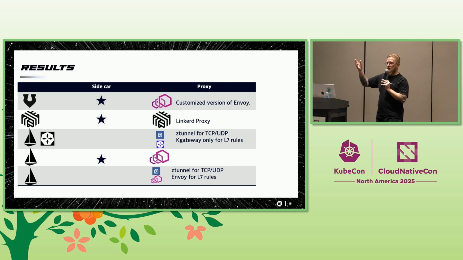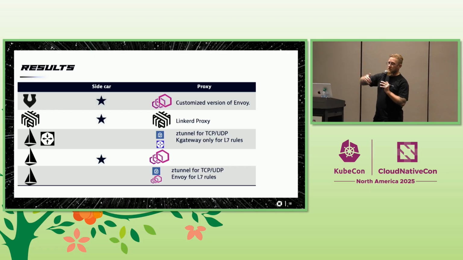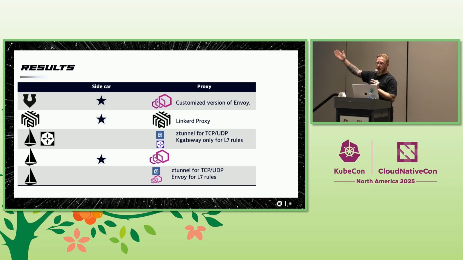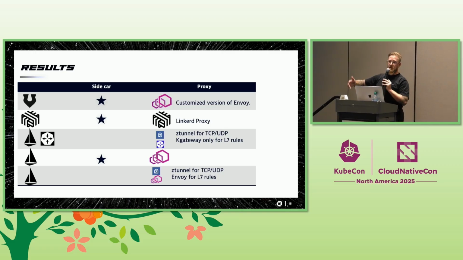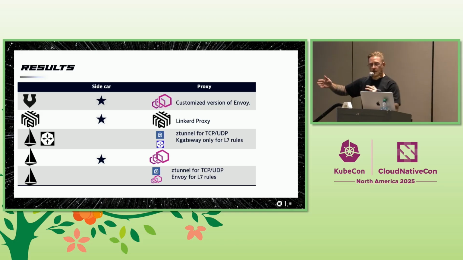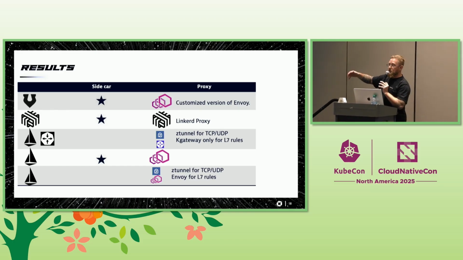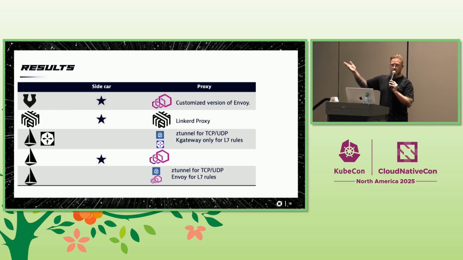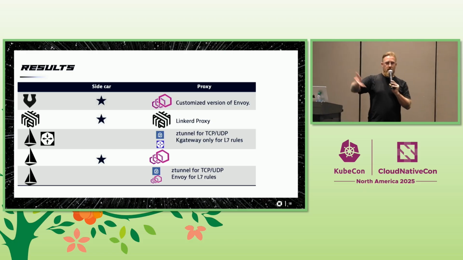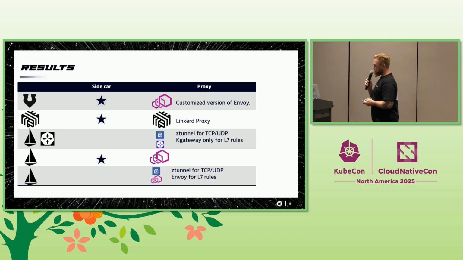Linkerd is using, again, a sidecar, but it's going to be a Linkerd proxy. Istio is, of course, Envoy, we know that. And then if you go to Ambient, they use ztunnel as a node proxy, plus if you want to do layer 7 communication, it's going to be Envoy. And then you can combine Ambient with Kgateway. So now we replace the Envoy with the Kgateway proxy instead.